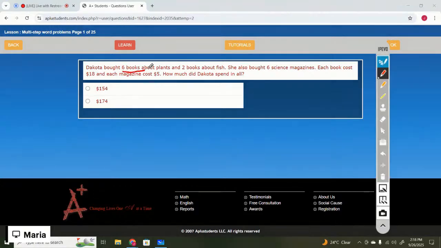She bought 6 books about plants and 2 books about fish. She also bought 6 science magazines. Each book costs $18 and each magazine costs $5.